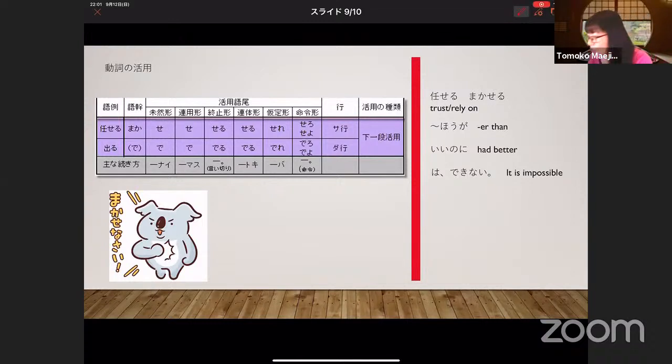To rely on, trust is 任せる. Then we say the いいのに pattern, had better. You can't trust the koala. You had better not rely on him.